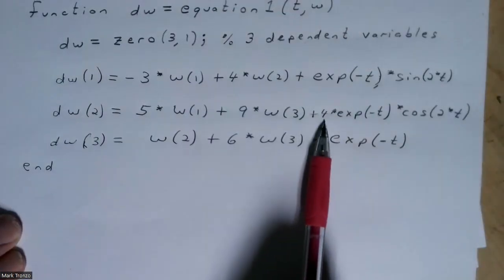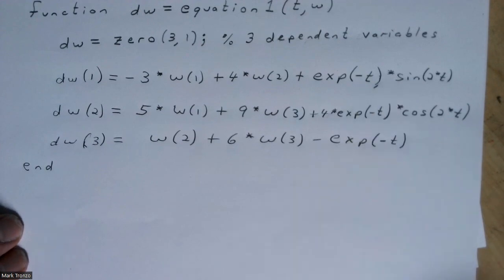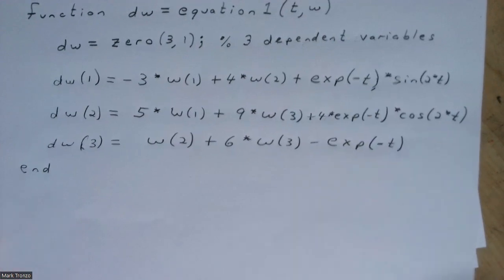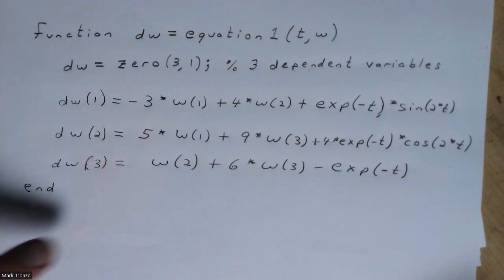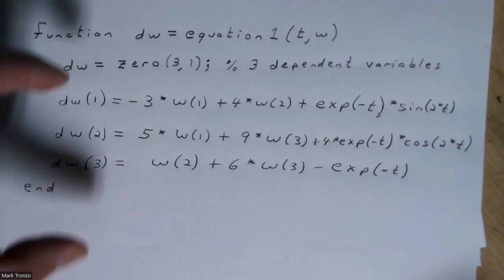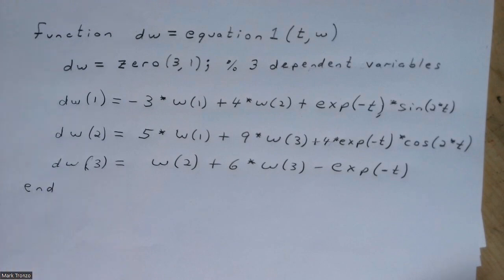So it should be 4 star exp. And so that's our function. This is the function that we're going to call from our MATLAB code. Like I said, it's actually going to go at the end of our code, but I wanted to write it now just to kind of get that out of the way.